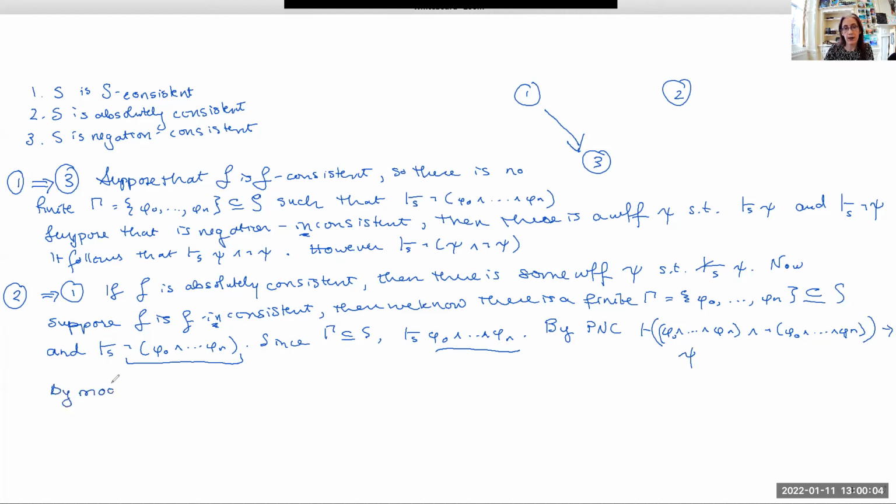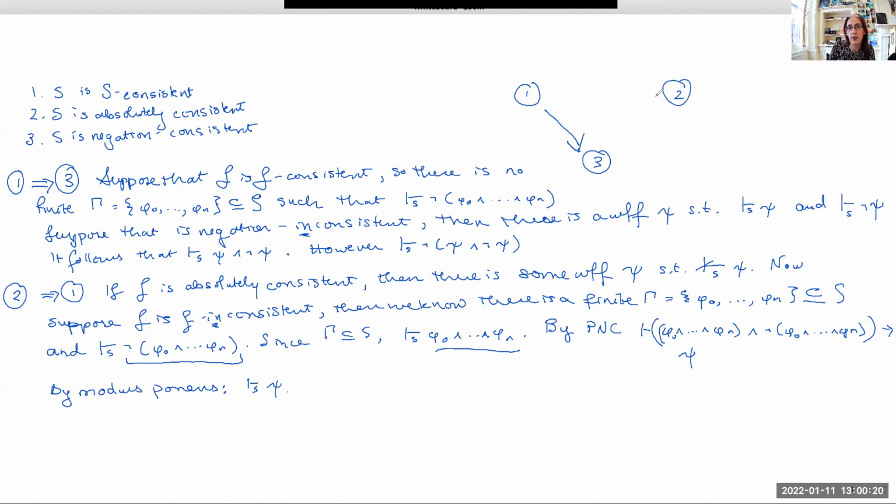So then by modus ponens, again, propositional logic reasoning, we have that within S, you can prove psi, but we had assumed that S was absolutely consistent and that psi was the formula that it couldn't prove.